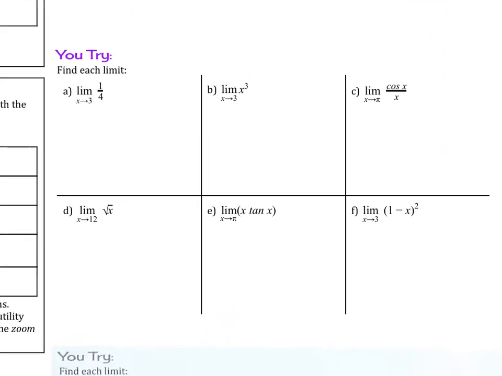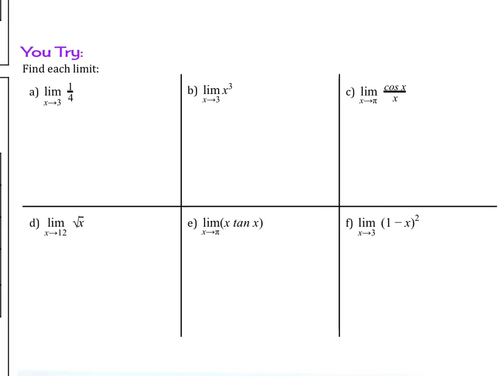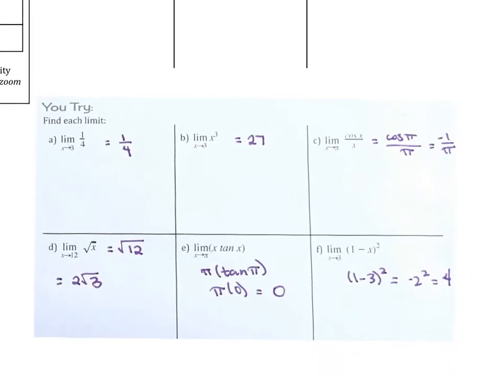So try these examples down here. Find each limit. Let's try this out. Letter A, you should have gotten 1 over 4.